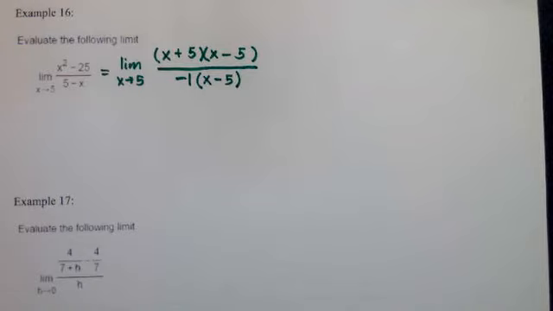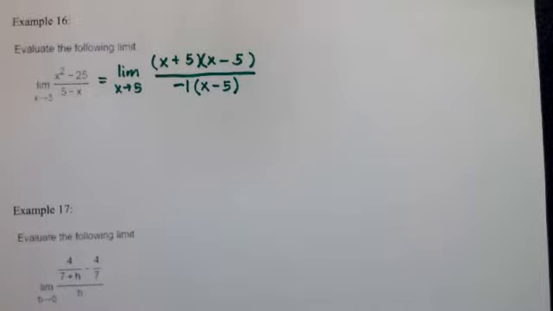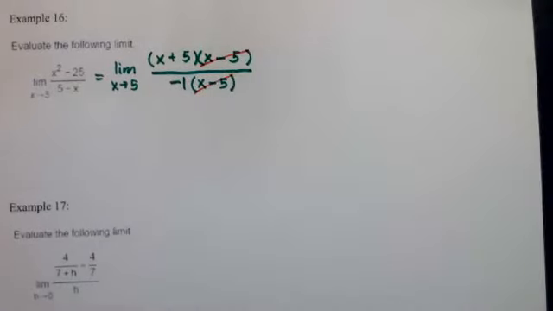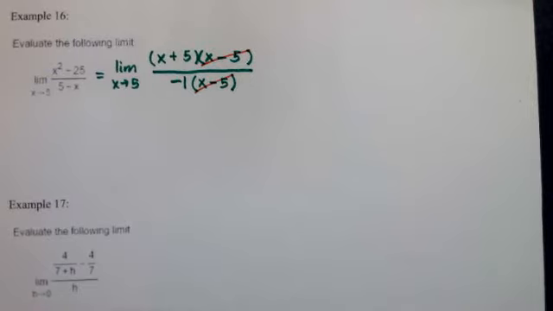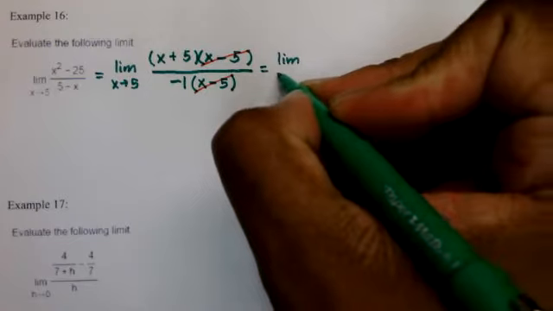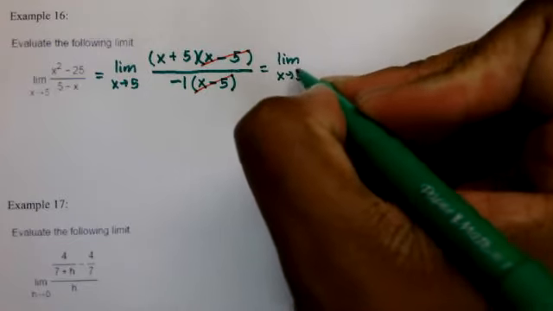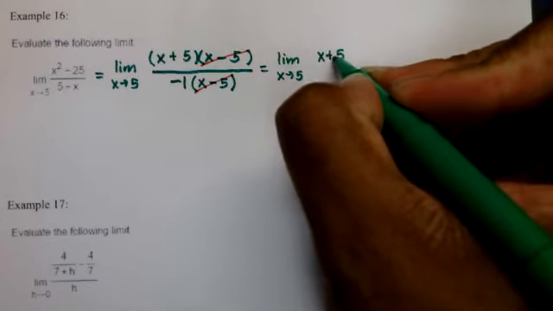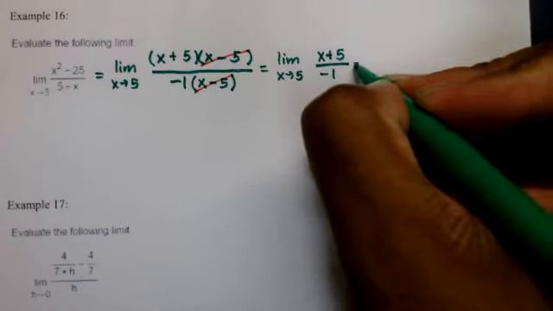And notice in this case here, I can divide out the x minus 5. So in this case here, I have the limit as x approaches 5 of x plus 5 divided by -1.